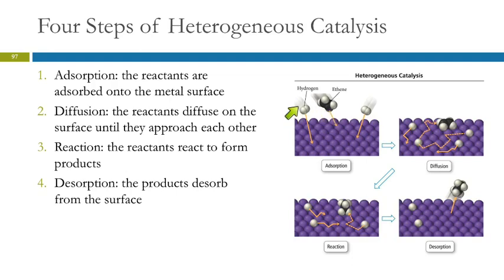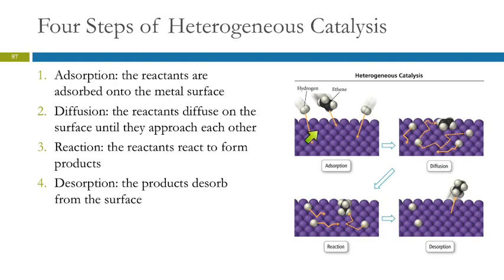So here we have our hydrogen and our ethene. And these metals will adsorb these gases. So the gases will just kind of stick onto the surface of the metal. So the hydrogen sticks on here, and the ethene sticks on here. And then they actually diffuse on the surface so that they can move around a little bit on the surface.